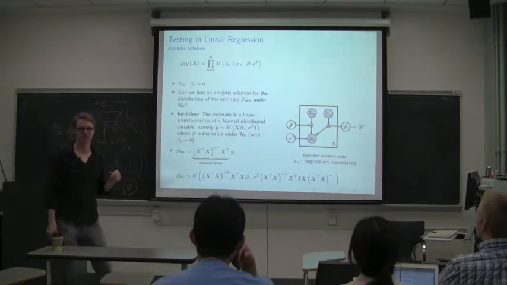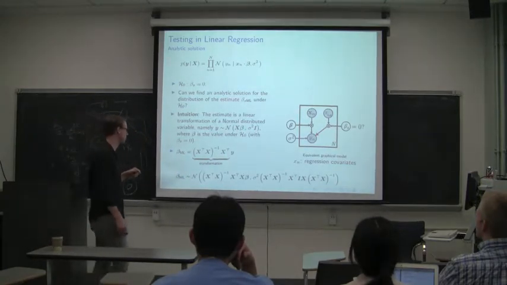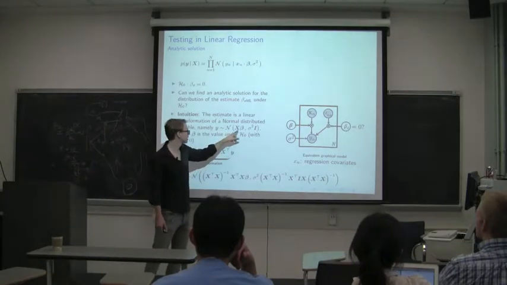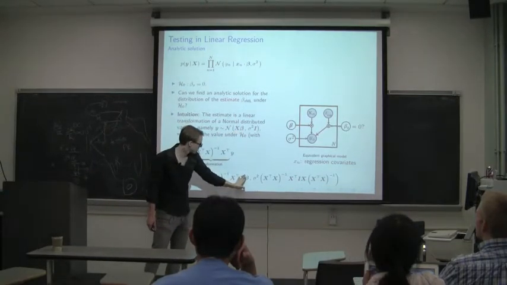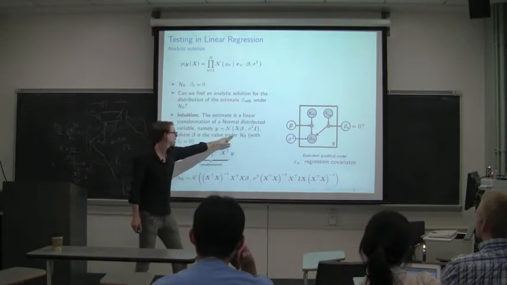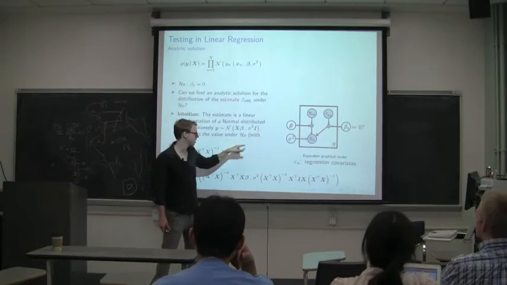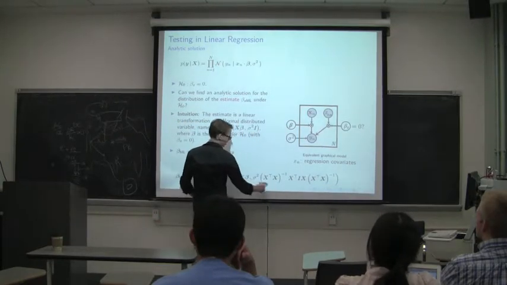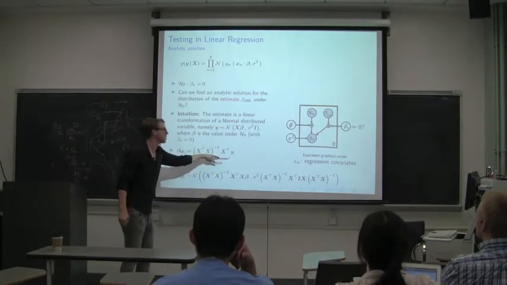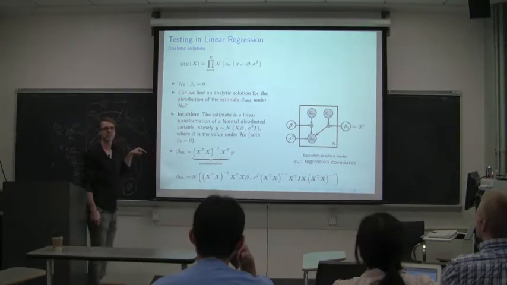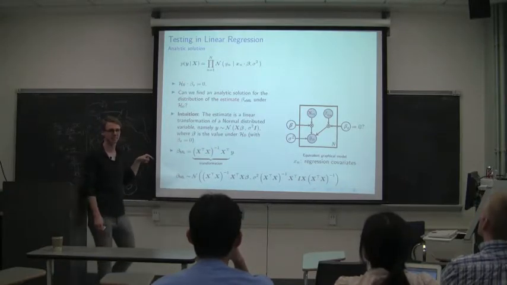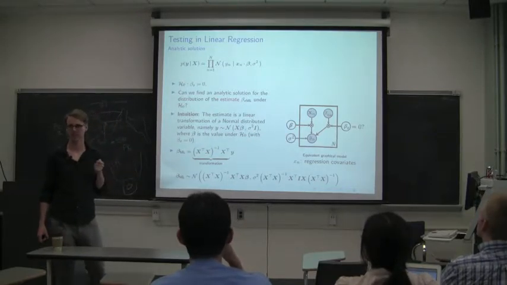That's our A. Y has the mean x beta, so we take x beta and multiply it by that. Y has covariance sigma squared times identity. We multiply it on both sides by that. Clear?